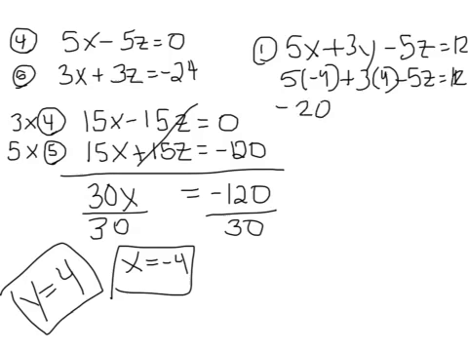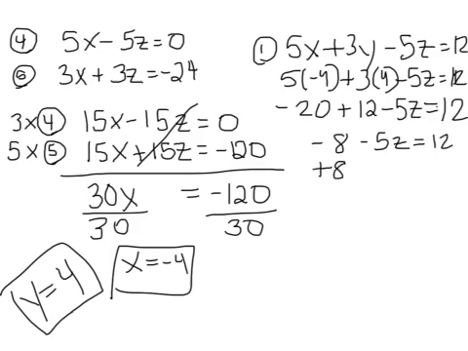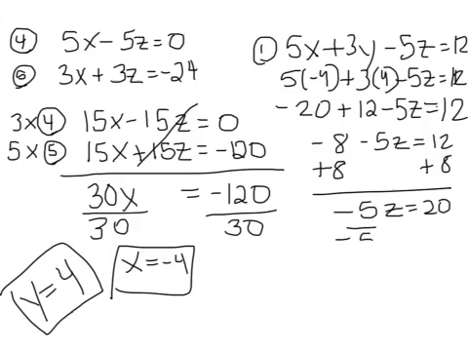Negative 20 plus 12 minus 5z equals 12. What does that work out to? Negative 8 minus 5z equals 12. Add 8 to both sides. You get negative 5z equals 20. And then divide both sides by negative 5. And you get z equals negative 4.